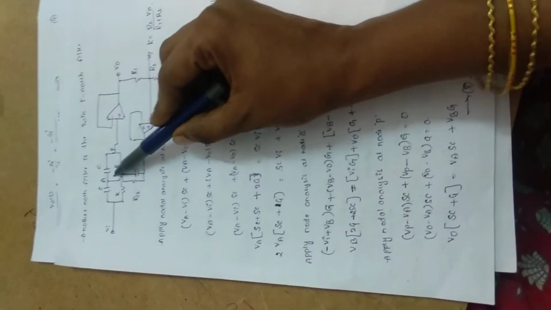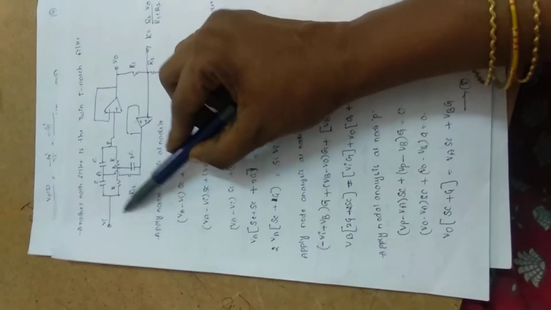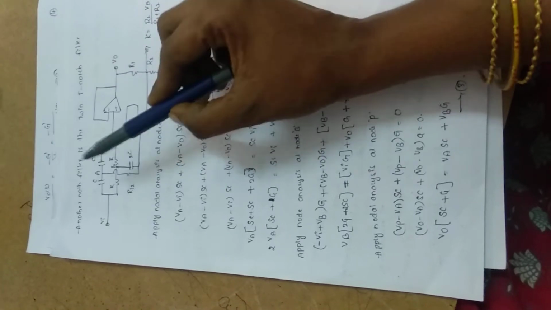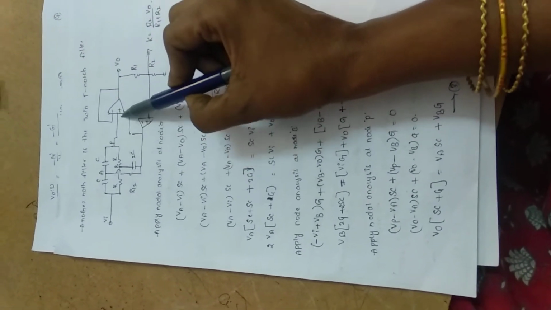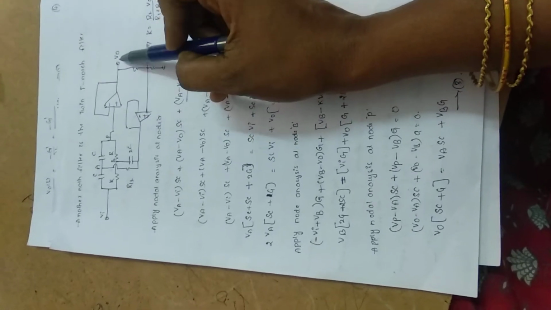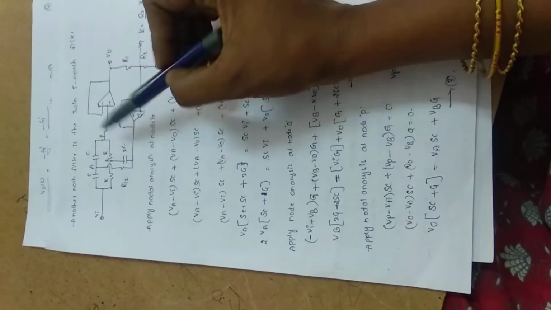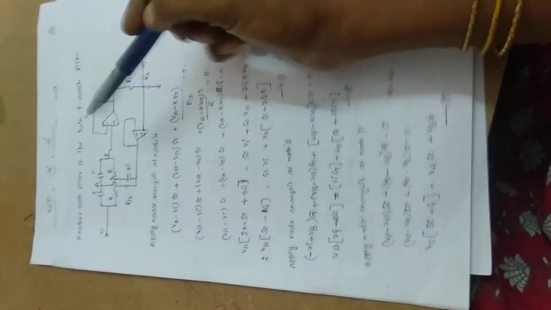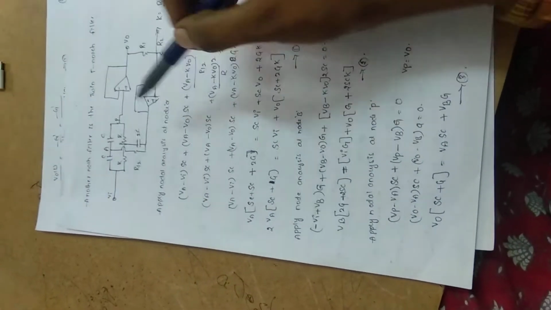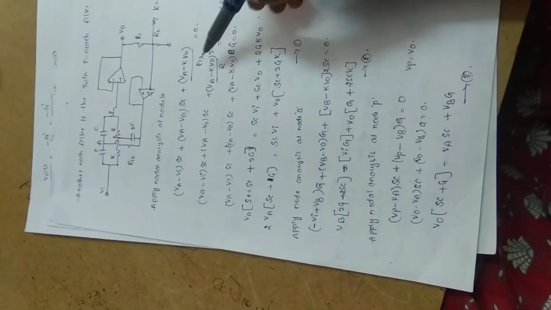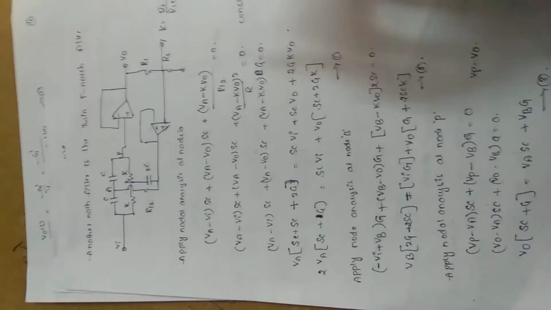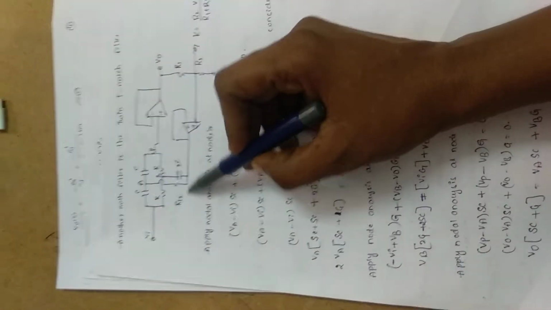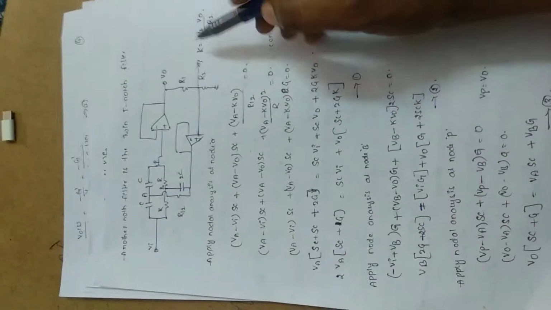At node A, (Va minus Vi) into Sc plus (Va minus Vp), where Vp is V0. So (Va minus V0) into Sc plus (Va minus K into V0) by R by 2. Here K is the voltage across R2, by the voltage divider rule.